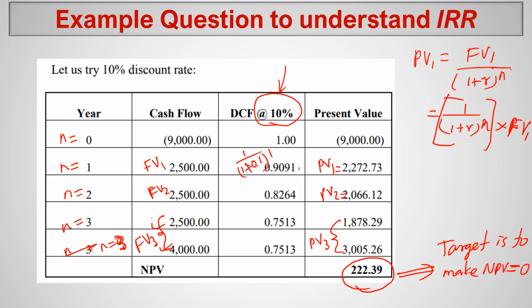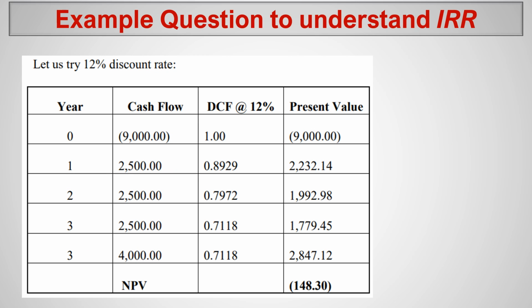So we definitely got a positive. Here NPV is greater than 0. So next, we try to increase the discount rate. Now we increase it to 12. Let's see what happens. When we apply 12 percent, R equals 0.12, and we do the same calculation, the same method.